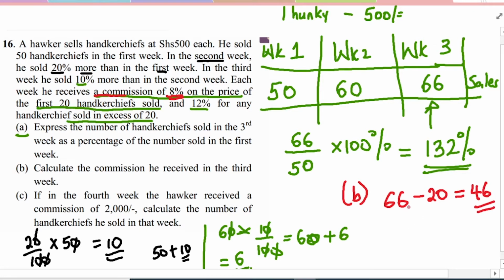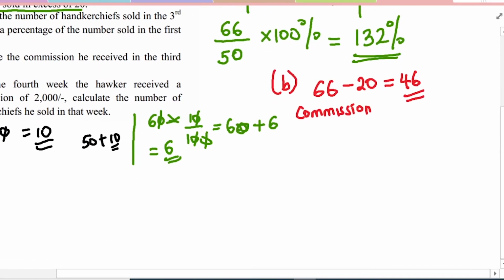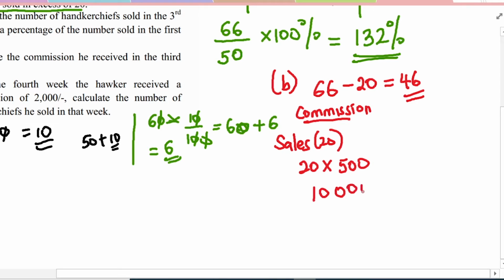handkerchiefs. So on the first 20 handkerchiefs, the commission received, remember, it's 8% on the price. So calculating that commission, first of all, the sales of the first 20. Each handkerchief is 500 shillings, so it's going to become 20 multiplied by 500, which is 10,000 shillings.